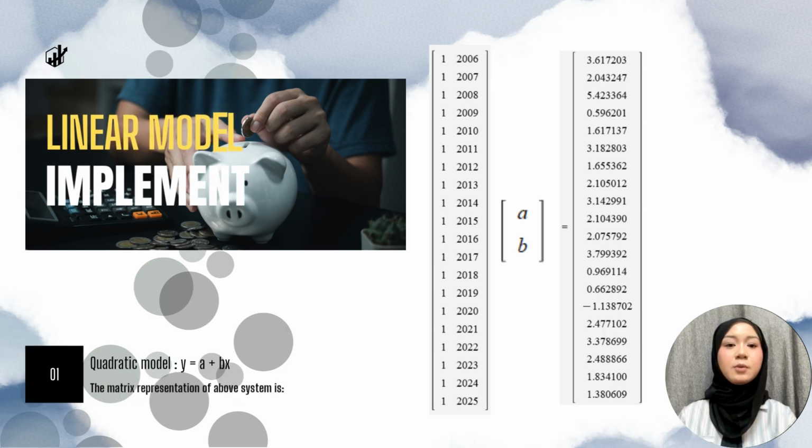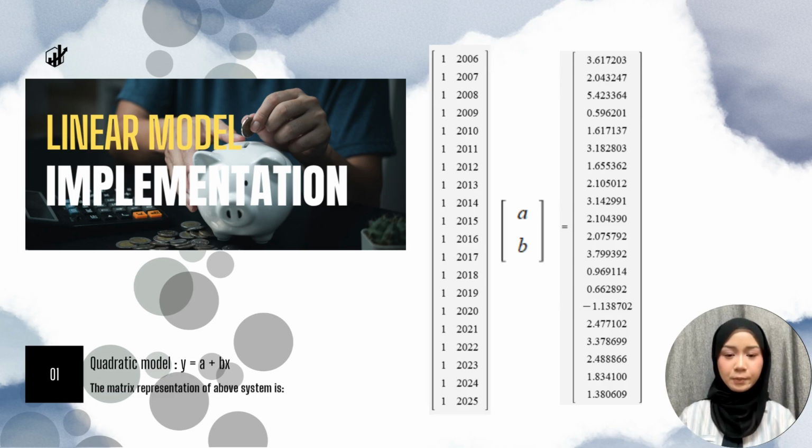Assalamualaikum. So now I will explain the implementation of the linear least squares model for Malaysia's inflation rate data from 2006 until 2025. The linear model used in this study is expressed as y equals a plus bx, where a and b are unknown coefficients to be determined. On the left side, the matrix is constructed using the year data.